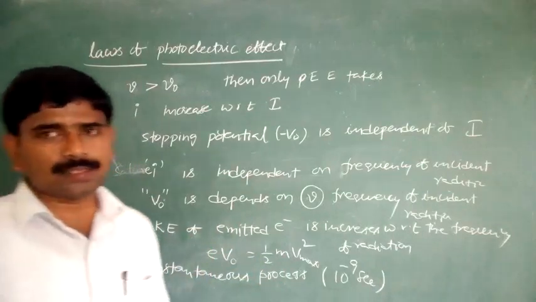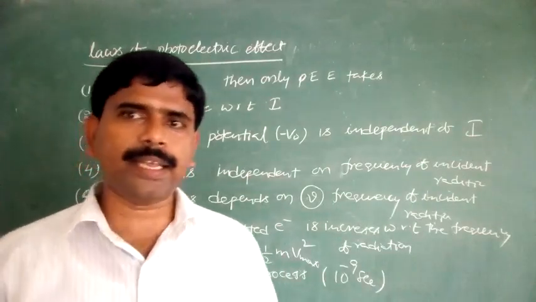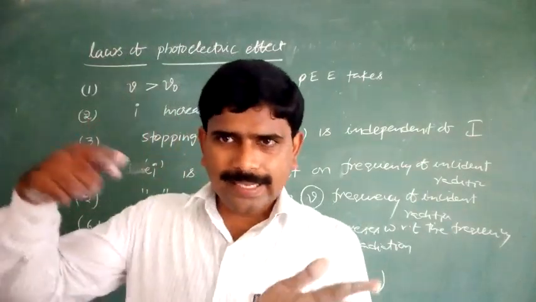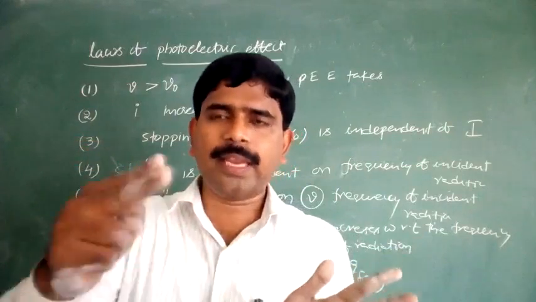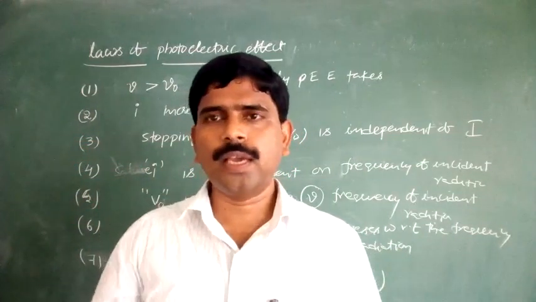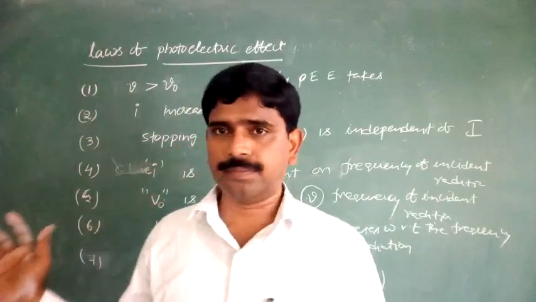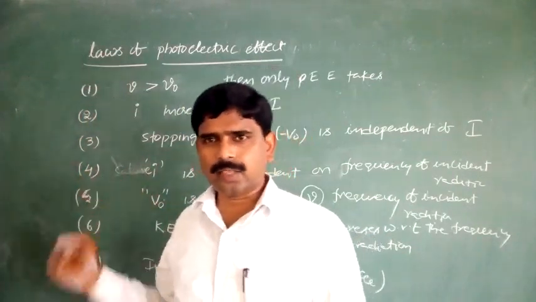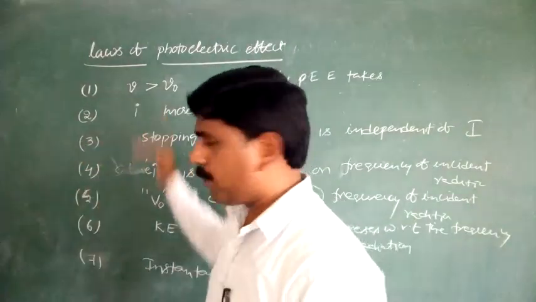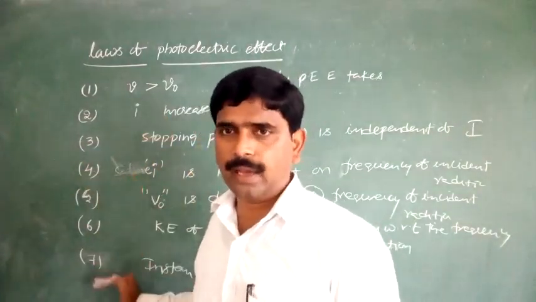The last one is that the photoelectric effect is an instantaneous process. When light is incident on the photoelectric metal, electrons are emitted from it. These are the laws of the photoelectric effect. Generally in the NCERT textbook they give only four. We have elaborated on them.